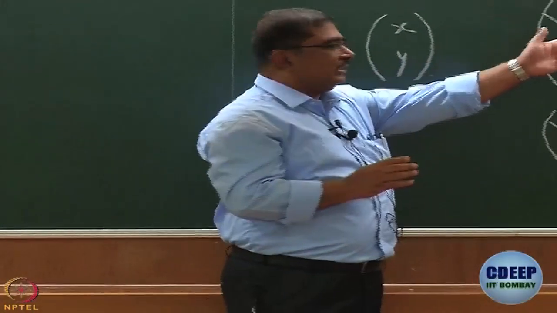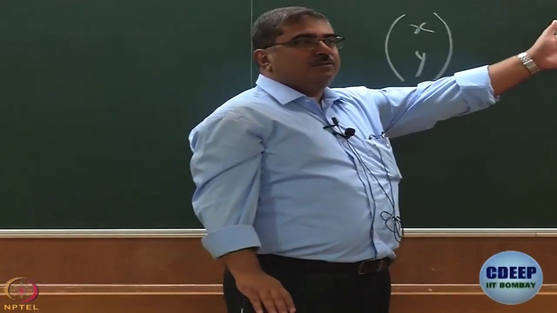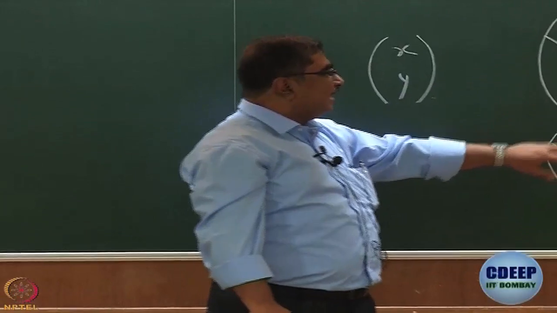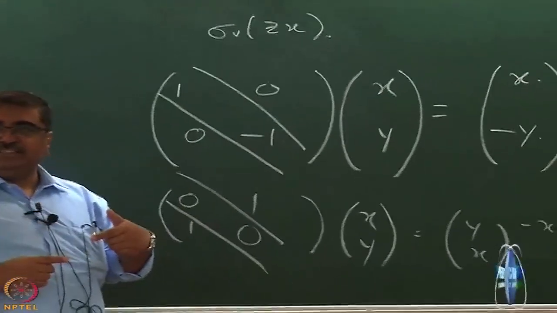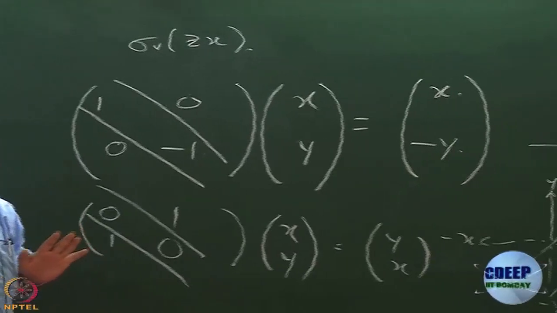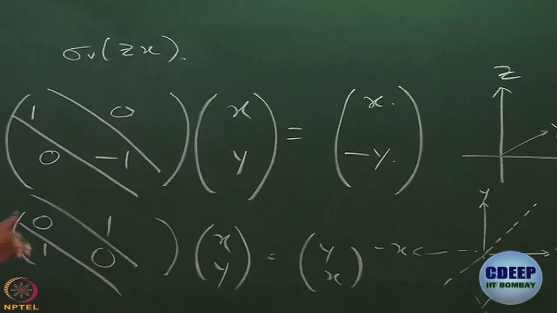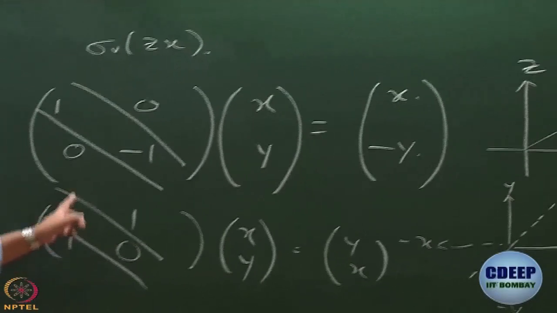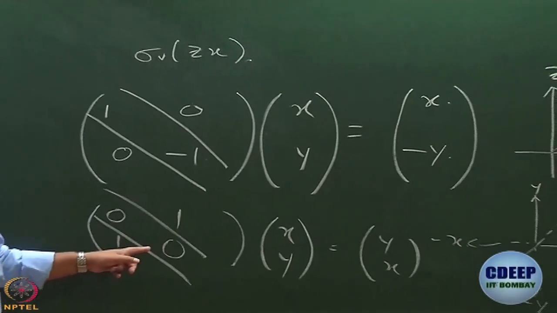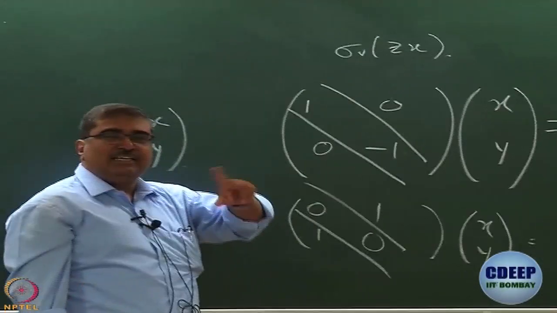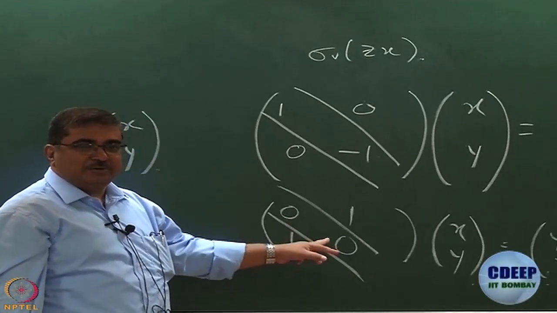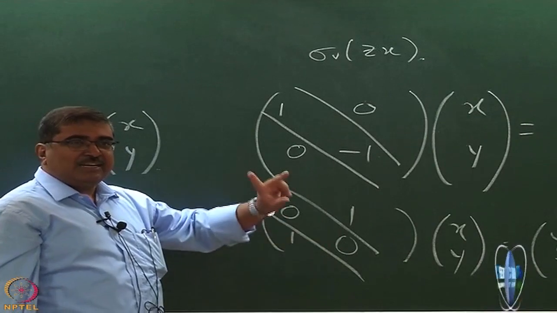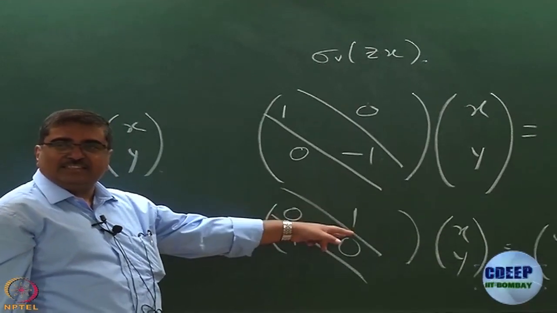So, depending on which plane you choose, either one remains the same, the other remains sign, or they interchange. That is how you get 0, that is the meaning of 0 here, okay. Now, another point to remember here, this is going to come very handy in our subsequent discussion, is that when two coordinates interchange, their contribution to the character is 0. Do you see that here? X and y got interchanged here, right, in the second case.